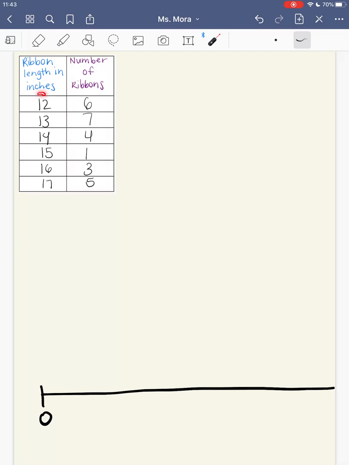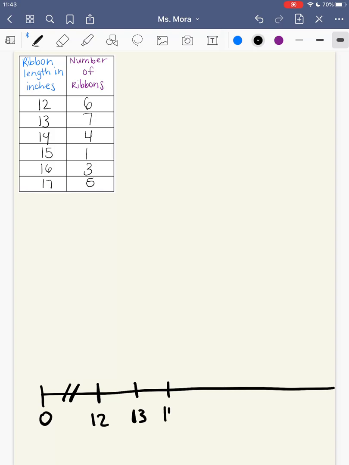So for my ribbon length in inches, it starts at 12, which means that I don't have any that measure anything below 12. So I'm going to draw my 2 hash marks, and then my first tally is going to be 12. And then I have 13, and 14, 15, 16, and 17.